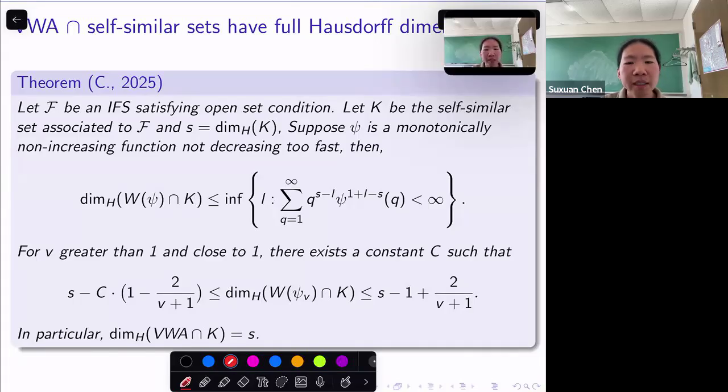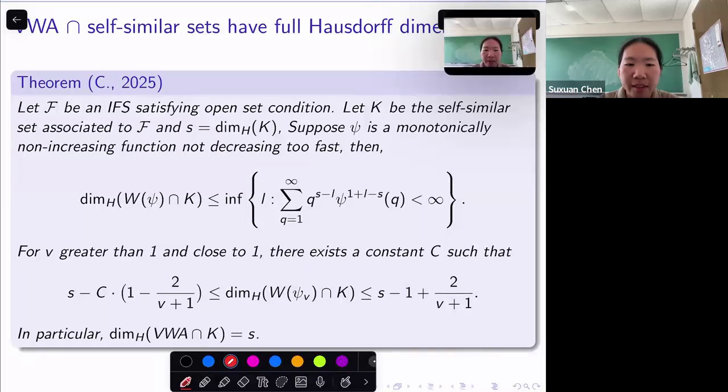And in particular, if we take the limit as V goes to 1, then both the upper bound and lower bound go to the Hausdorff dimension of K, which is S. And recall that very well approximable numbers is the union of all W psi V for V greater than 1.